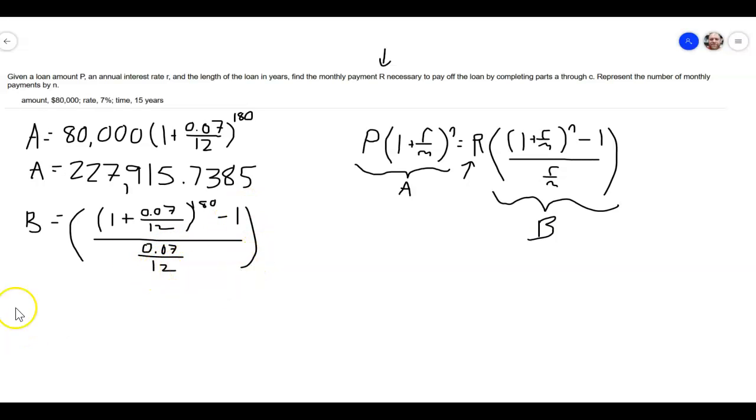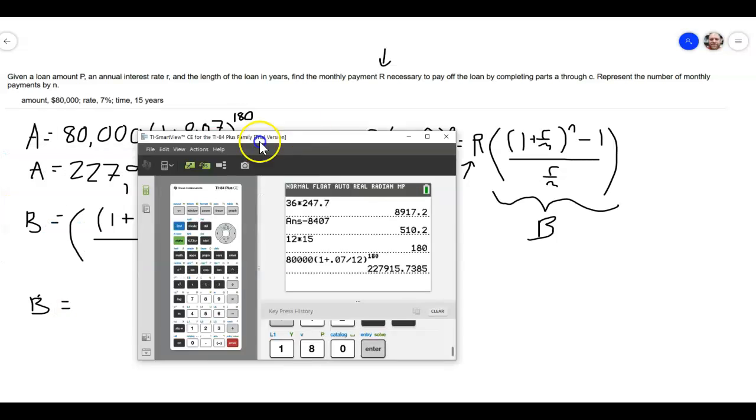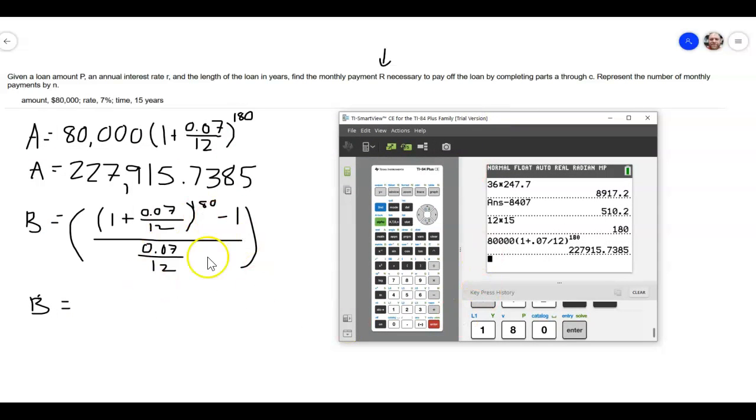All right, so let's figure out what this value is here. So B is equal to, and this one, just to give you something a little different, I'm going to work out step by step.